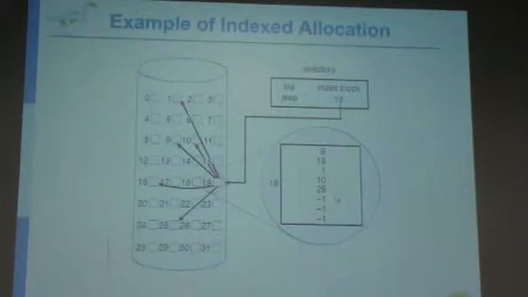Then you need to decide on one of the allocation approaches, contiguous and what else? The linked list or index, it doesn't matter. Okay? Yes. In project 2, what's the maximum size of the directory structure? Because I didn't give any maximum size, we can limit that. Yes.